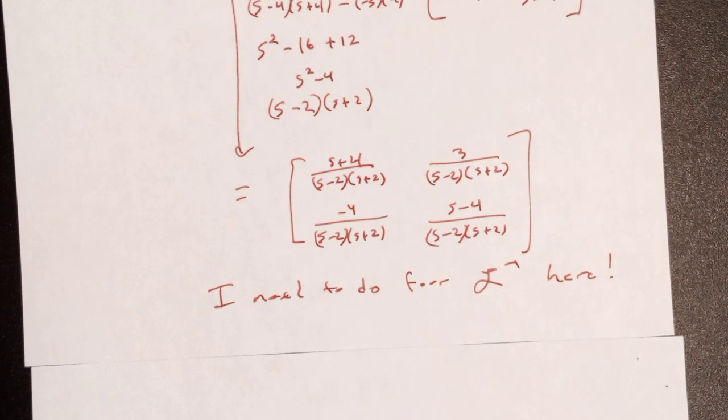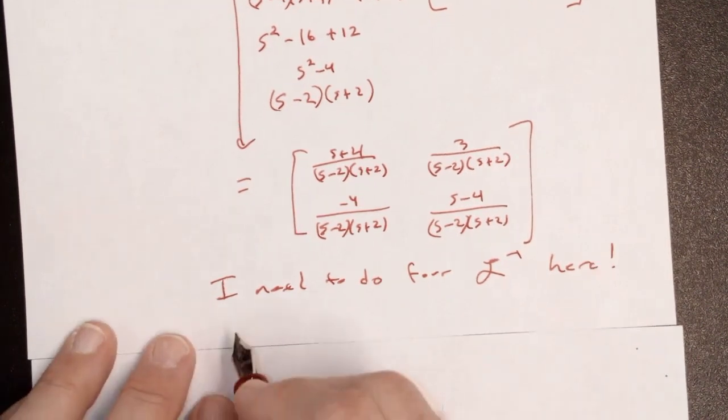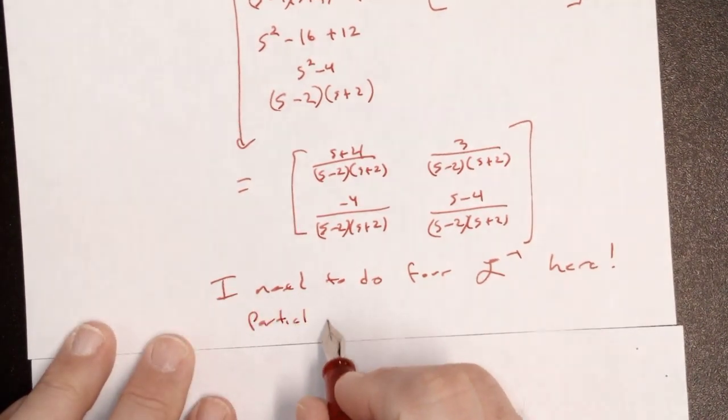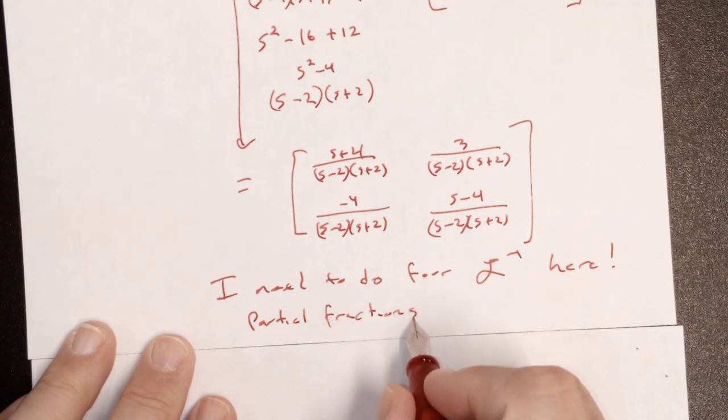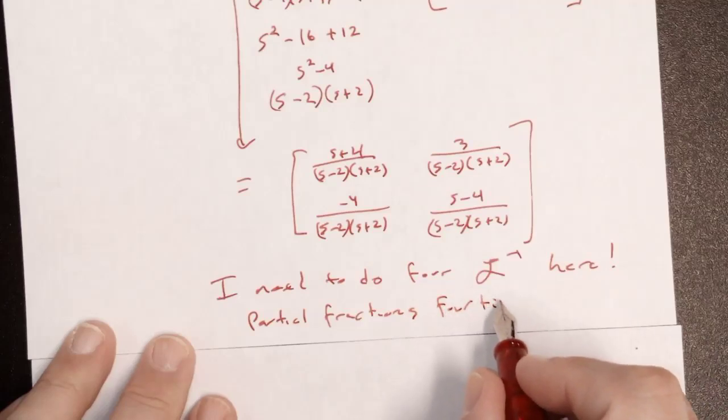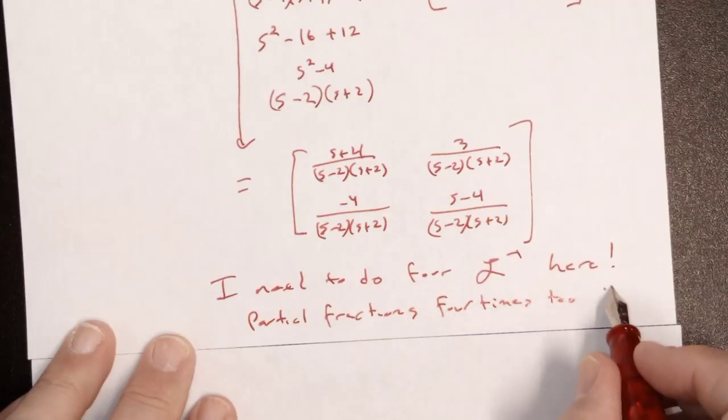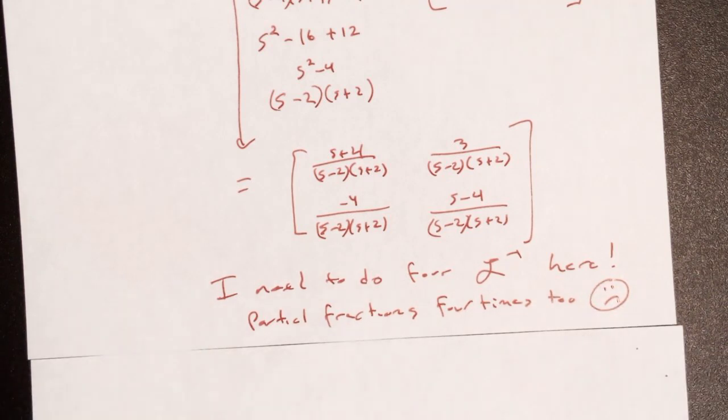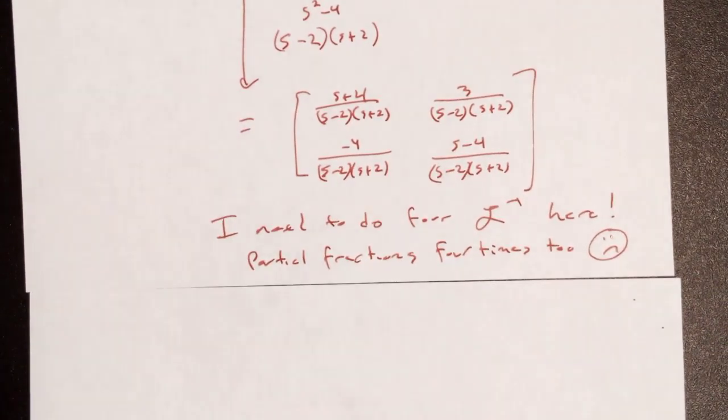I can do partial fractions 4 bloody times. That's okay. I'm going to cheat. I'm going to go to my technology. I'm going to do the Laplace transforms on Wolfram Alpha or Desmos or some other computational engine at this point. I did these already.